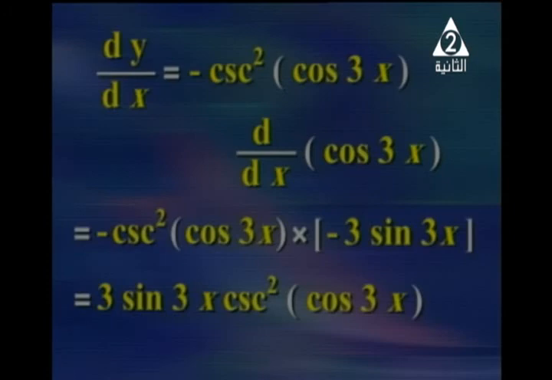What do you mean, negative cosec power 2? The first, times cotan 3x, multiplied by negative 3 sine 3x. Why? This is the differentiation of cosine 3x. Remember, differentiation of cosine 3x equals negative 3 sine 3x. Why? Because differentiation of cosine is negative sine. Then the answer is 3 sine 3x cosec power 2 cotan 3x.